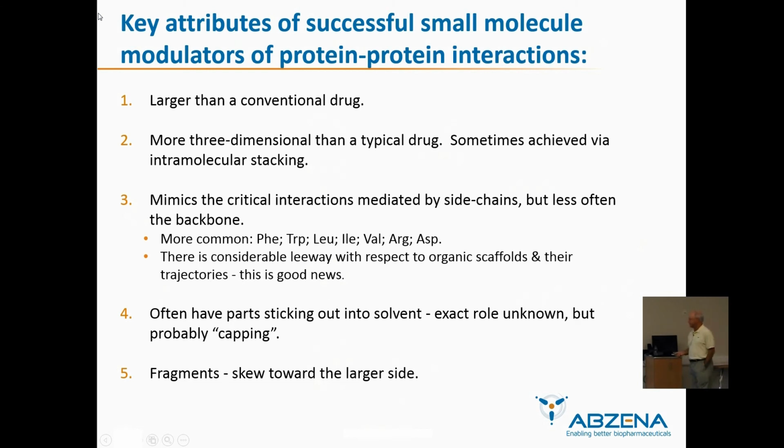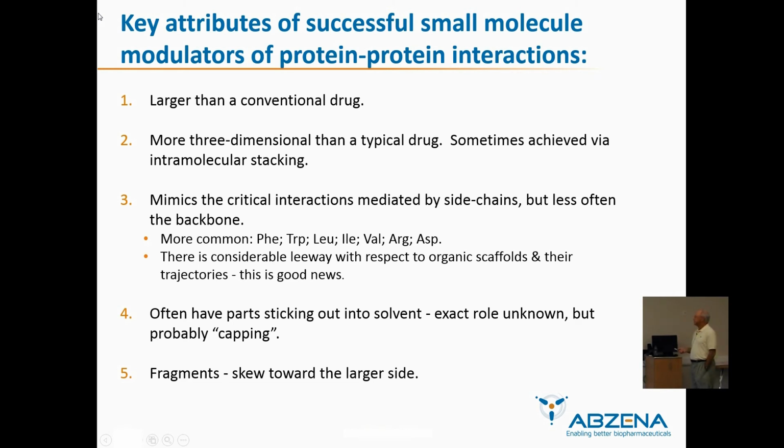So what I was saying was that the fragment being more in the 300 range, if you're building a fragment library targeted against the PPI target, you may want to skew toward the larger end. So here are the key attributes of PPI-type scaffolds.